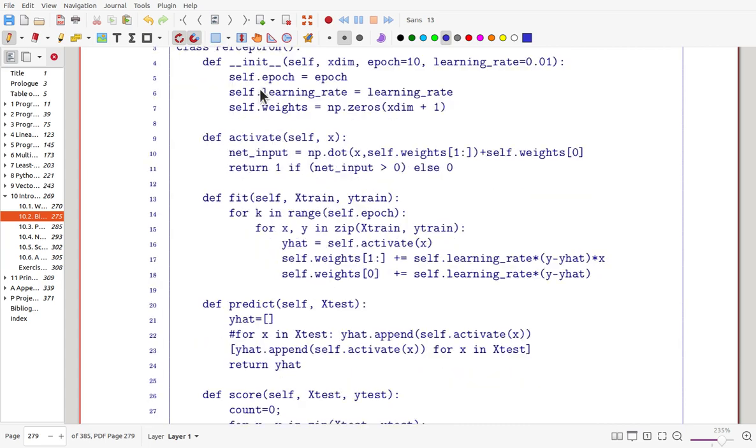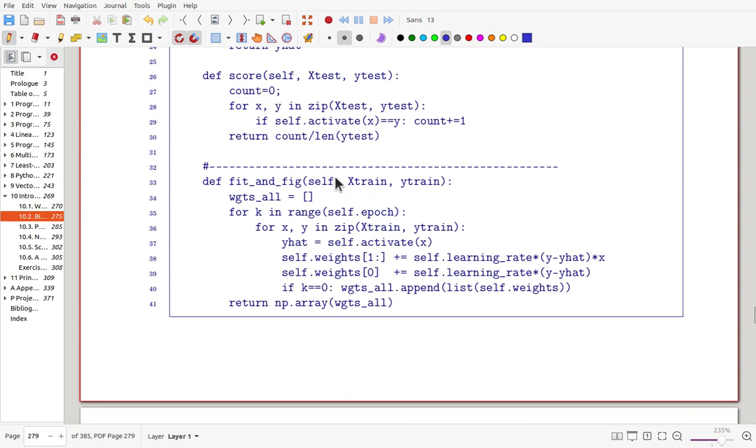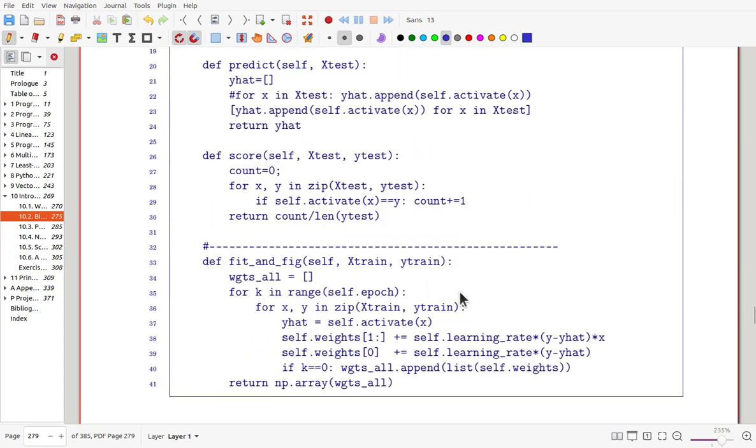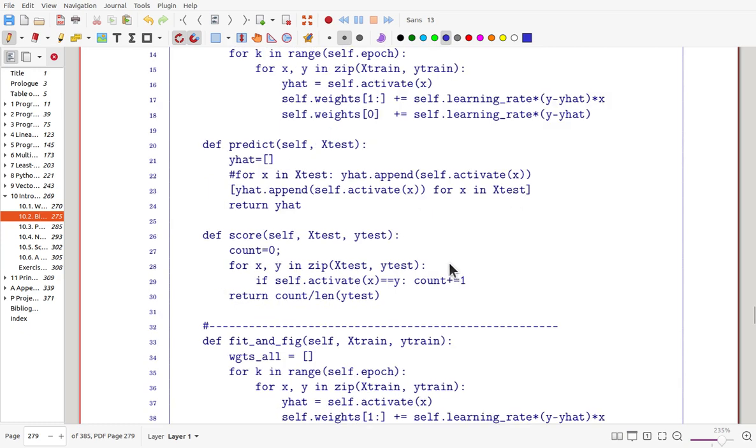Now here I added one more, that is fit, and weight all. Start with this one and append the weights here. That is for figure purposes. So that is a modification of the fit function.